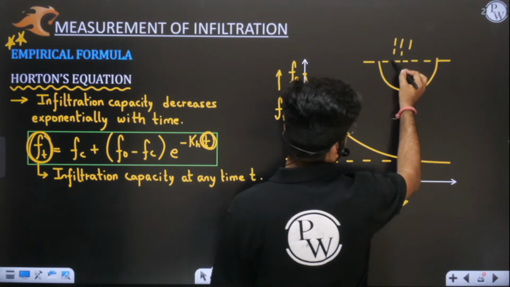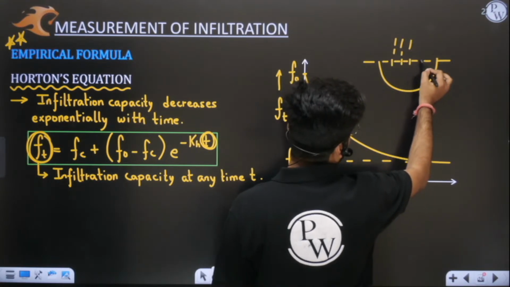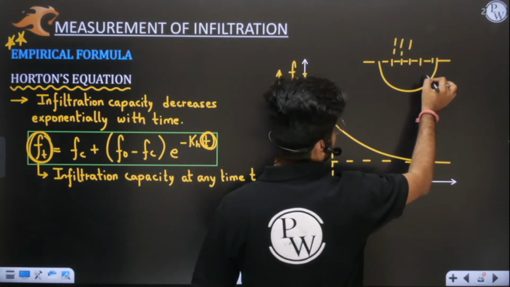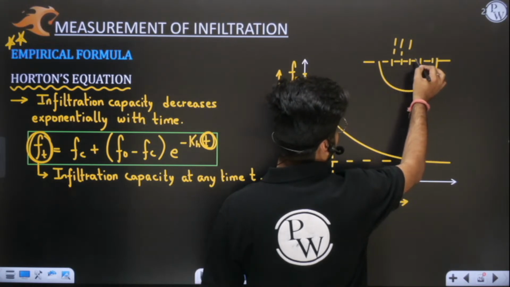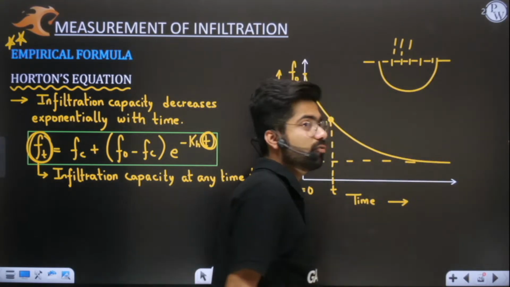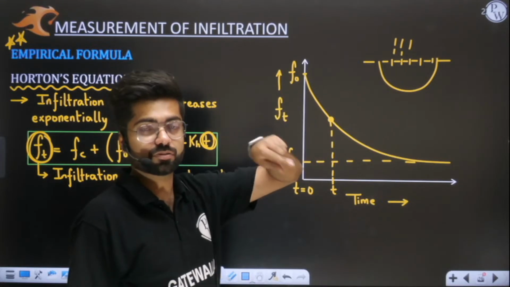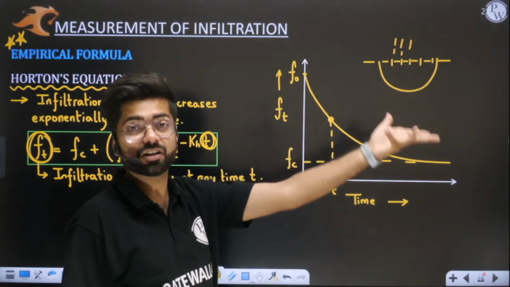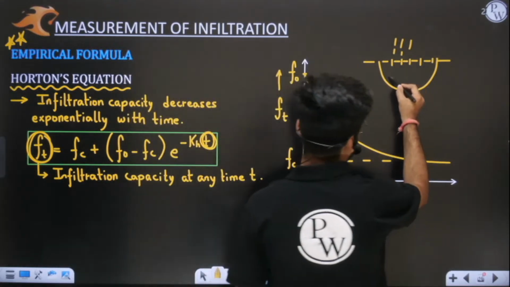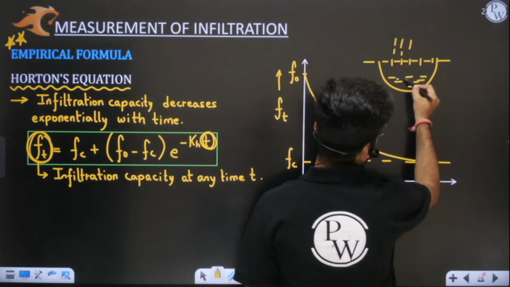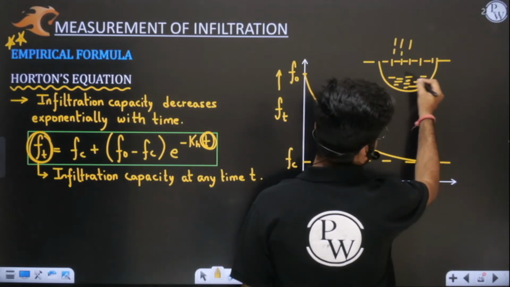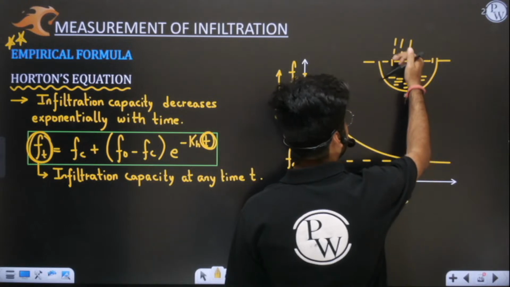Some part of rainfall will infiltrate through these perforations, through these openings. The part of rainfall which goes down through these small openings, that is infiltration. And the water which will be collected in this bowl, that is the storage part, the amount of water which is stored in the soil. So this is different, infiltration is different.